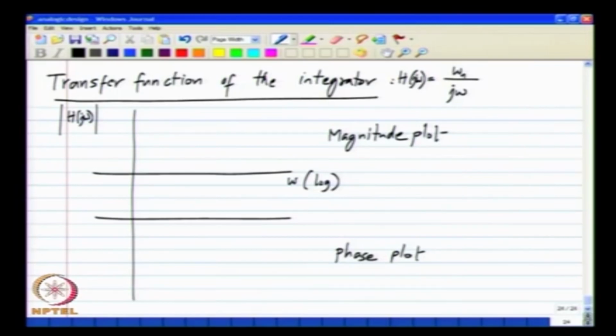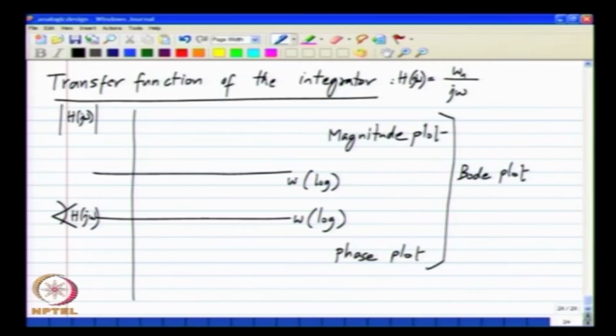This is what is plotted for a Bode plot, and similarly we plot the angle of h of j omega versus omega on a log scale. Okay. And the combination of these two is what is referred to as a Bode plot.